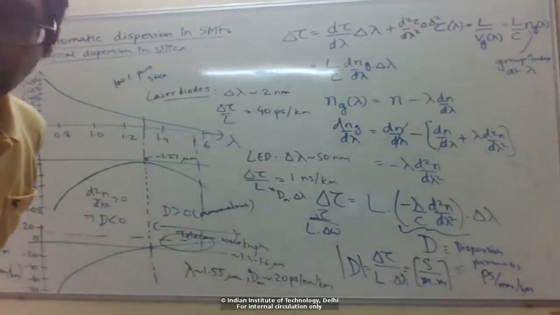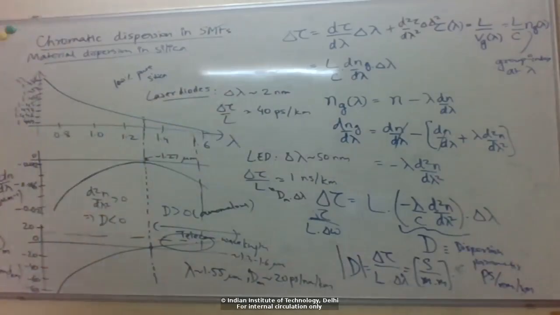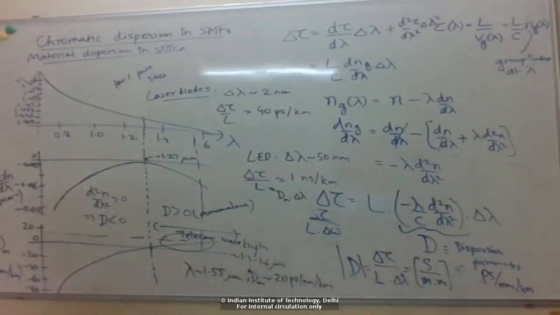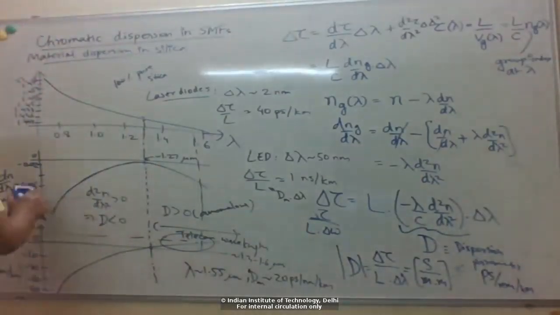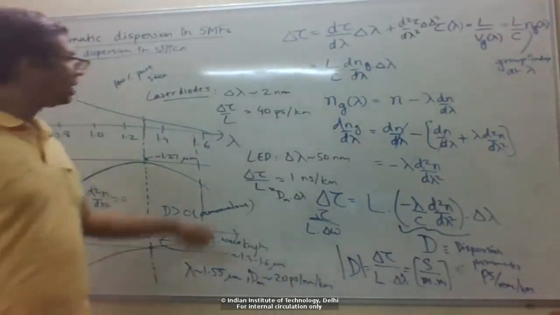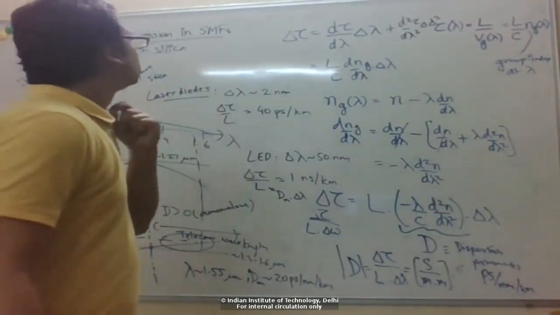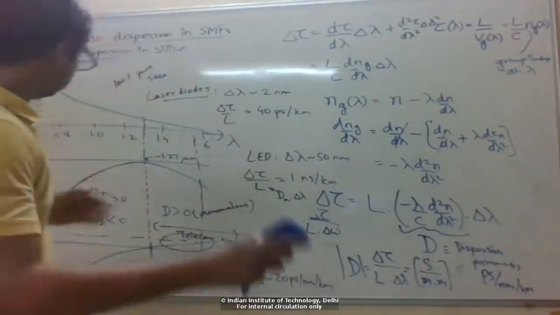Chirping always leads to temporal broadening. So if you start with an unchirped pulse, then it will always lead to broadening, right?